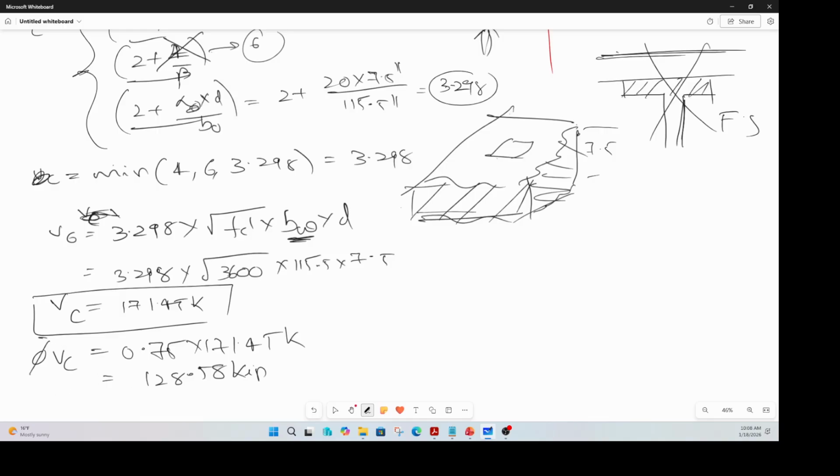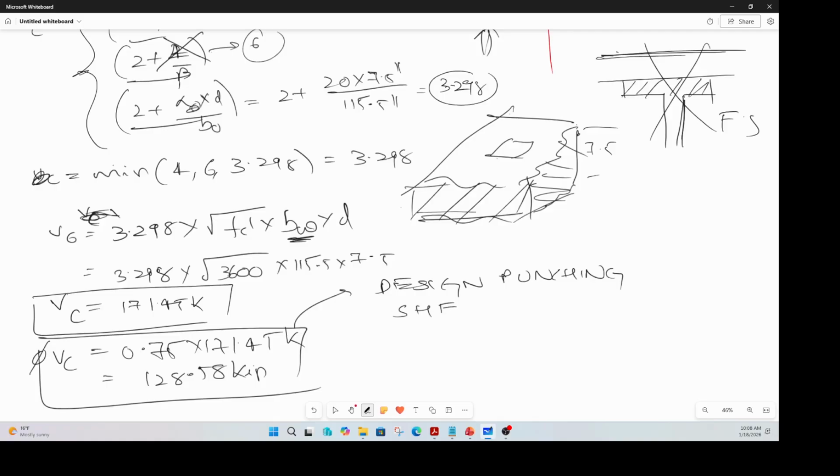Okay, so that is your design punching shear strength, right? That means you need to apply something greater than 128.58 to break the cookie here.